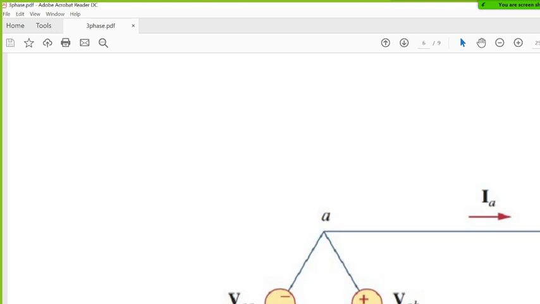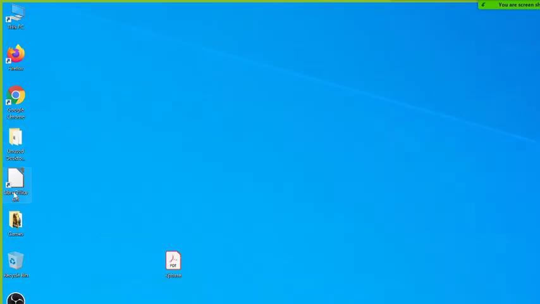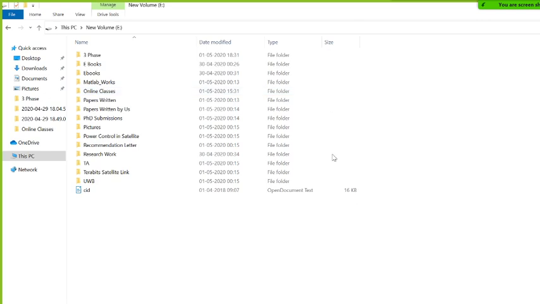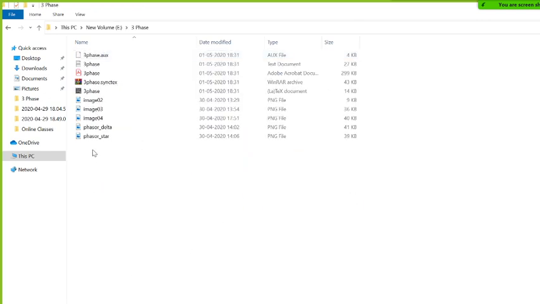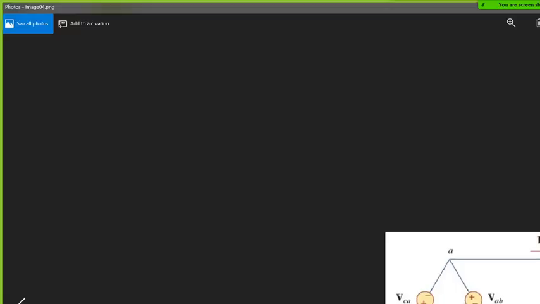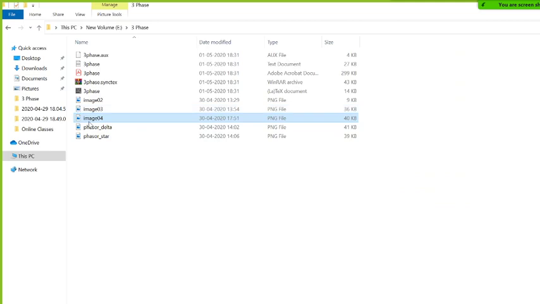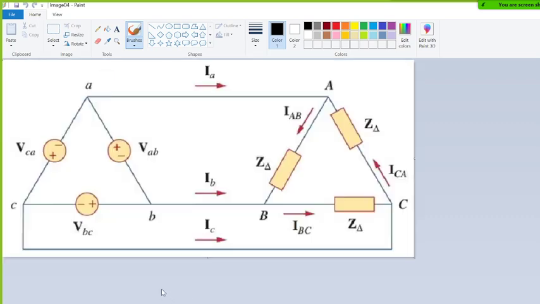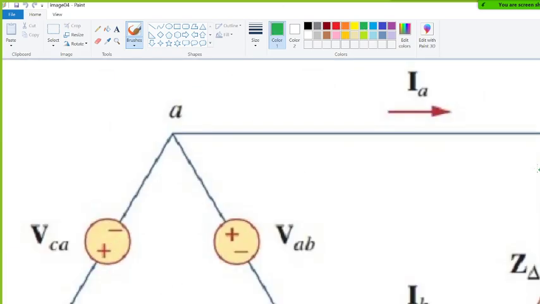Just one second, better to open this. See here that the voltage across this one is same as this voltage.